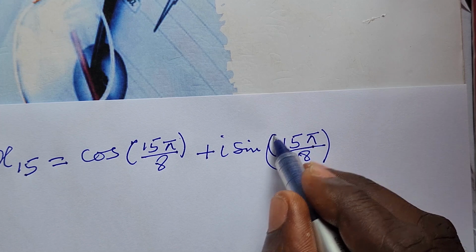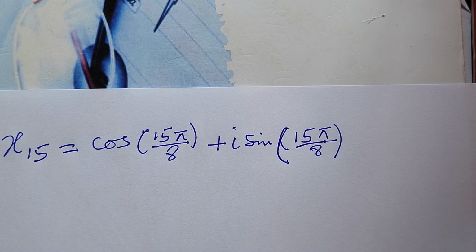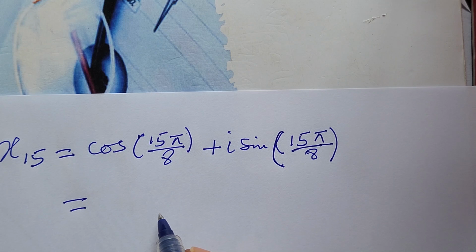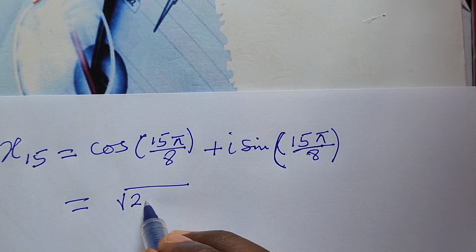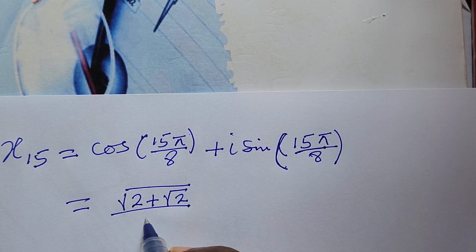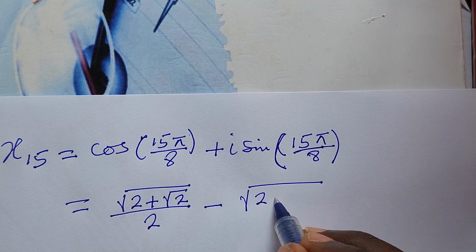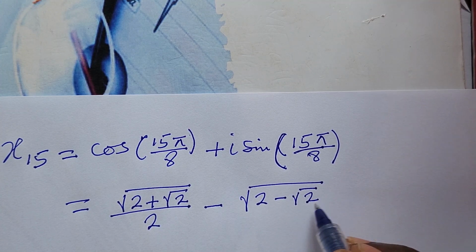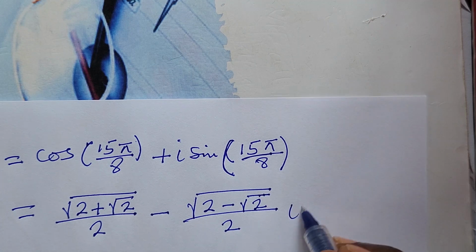What will the numerical value give to us? It is a very special answer. This will now be equal to the square root of (2 plus the square root of 2) all over 2, then minus the square root of (2 minus the square root of 2) all over 2 iota.